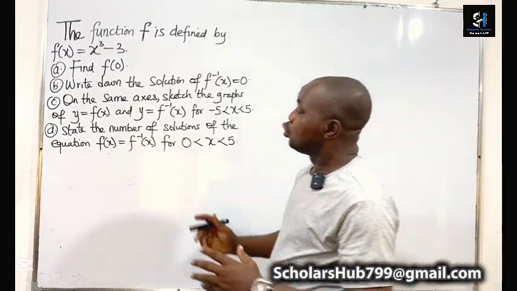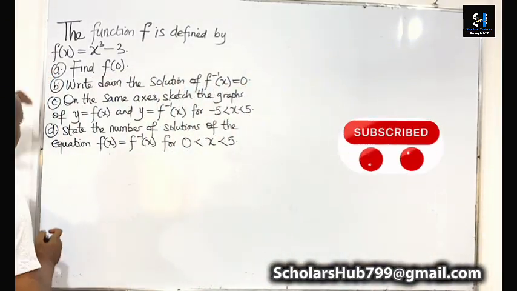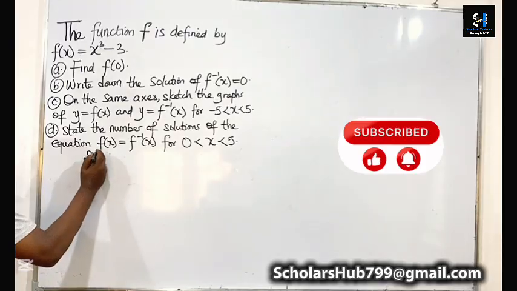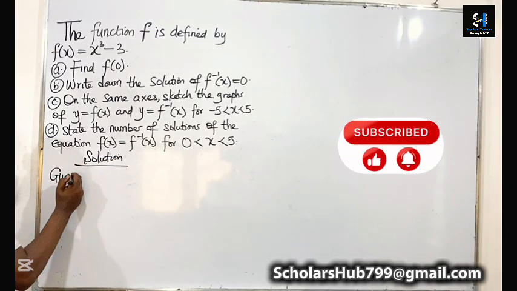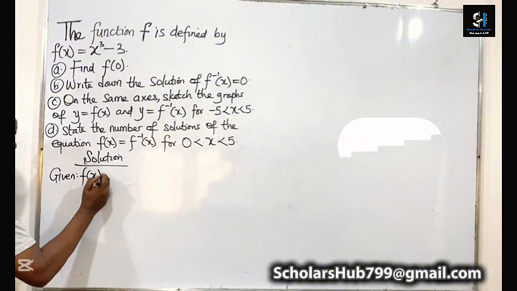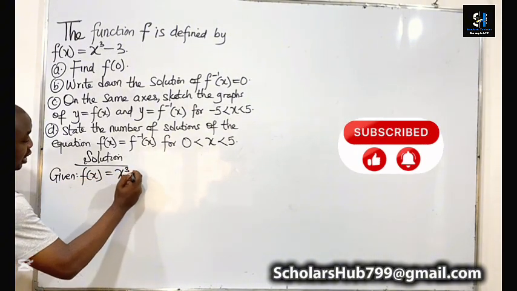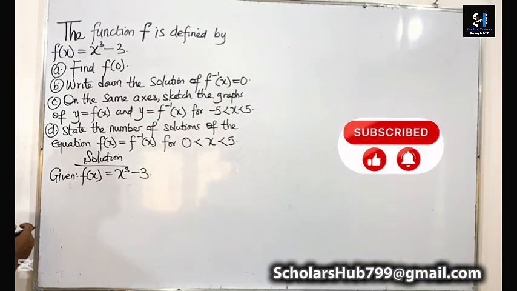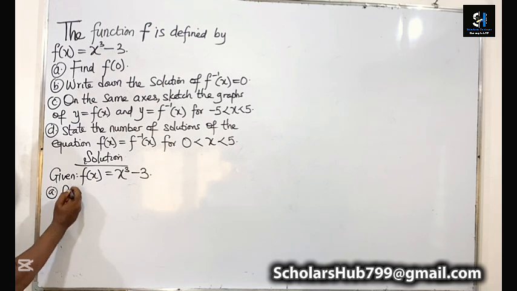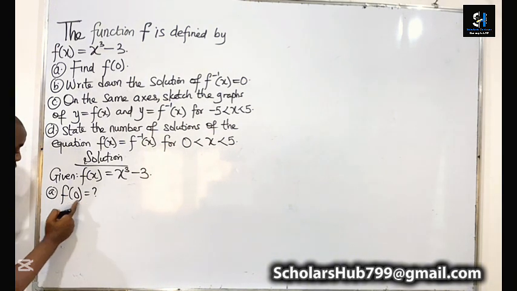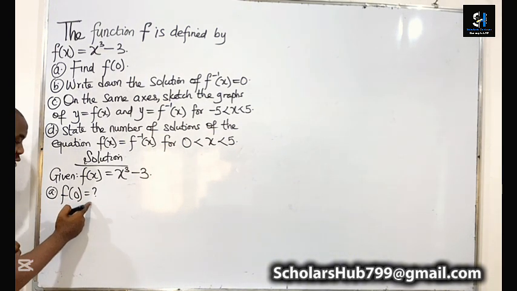Okay, so what I will do first is write what we are given. Solution: given f of x equals x cubed minus 3. Now to find f of 0, what is the value of f of 0?